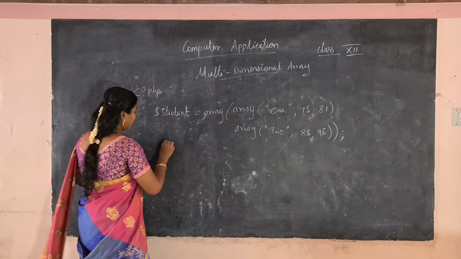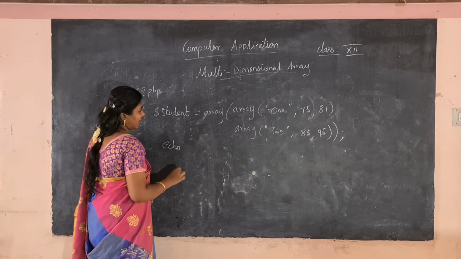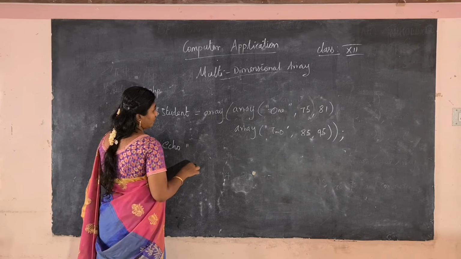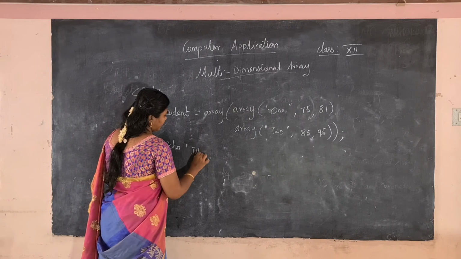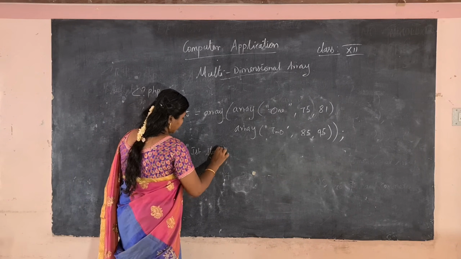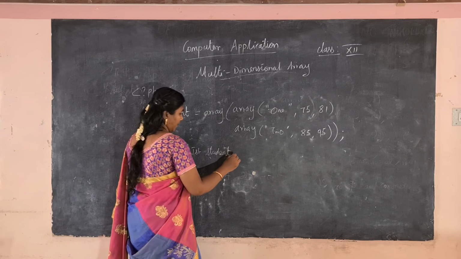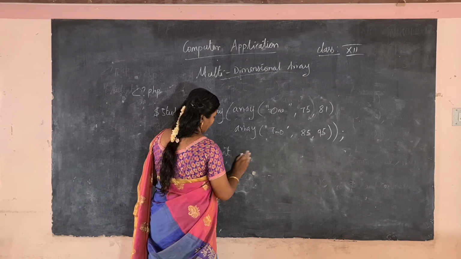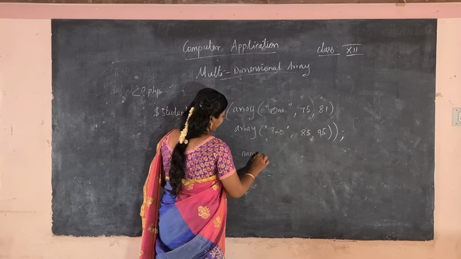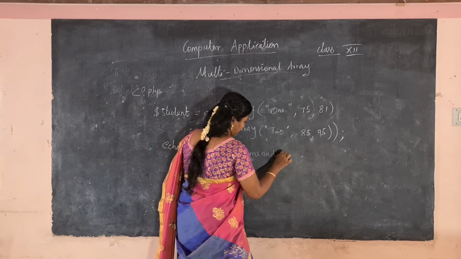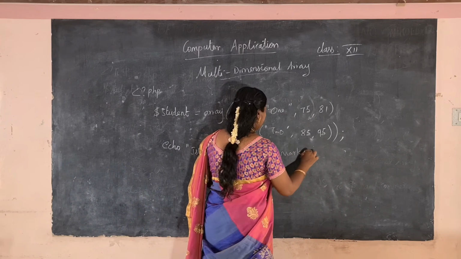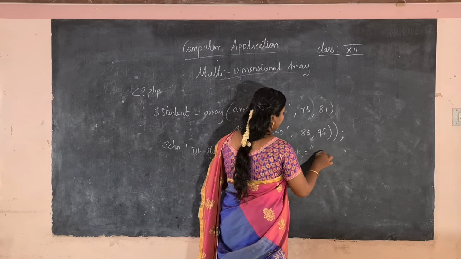So now I am going to print. So for printing I will be having echo. So echo "first student name and mark is equal to" dot symbol.